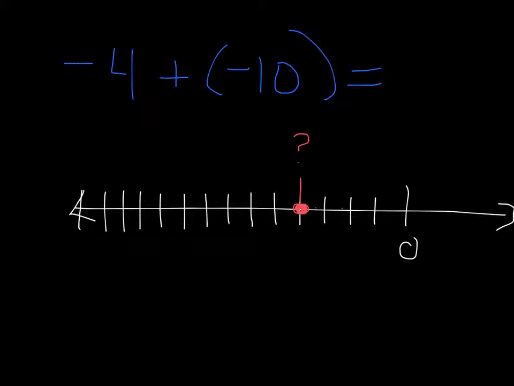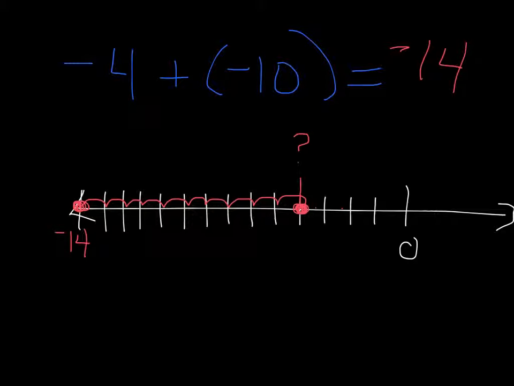Well, I'm adding a negative, so that means I'm going to go to the left. And I'm going to move to the left by 10 spots. 1, 2, 3, 4, 5, 6, 7, 8, 9, 10. And if we count, we've landed on -14. So our answer is negative 14.